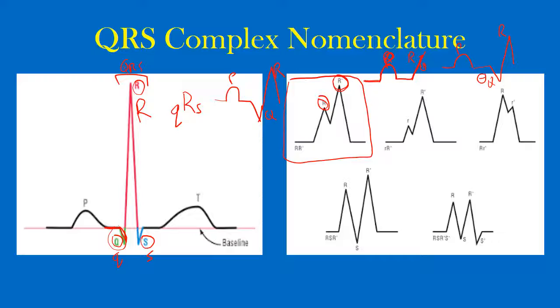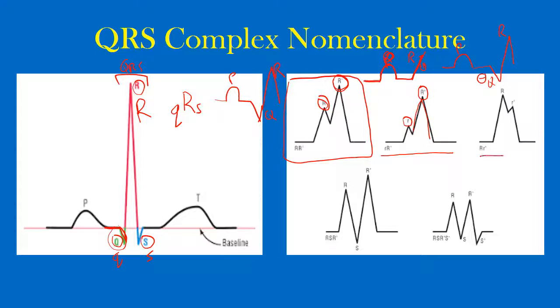Now if we look at the image next to it, we'll see that the initial R is a lowercase r, and as we said before, this is because it is a smaller R wave. And again, notice how the next R in this QRS complex is R prime, a capital R, because it is a big R wave.